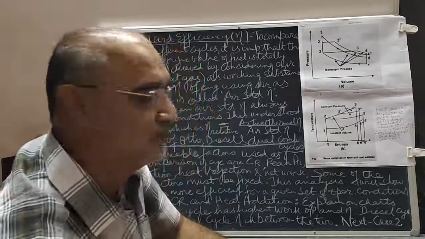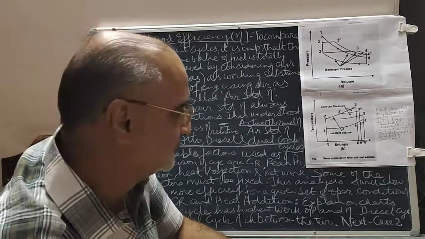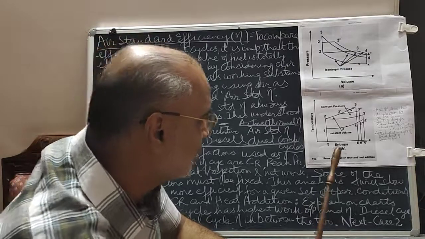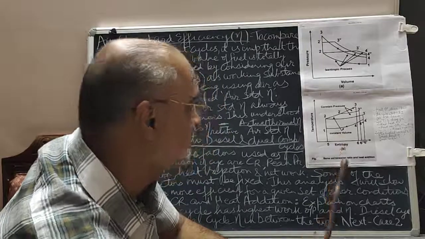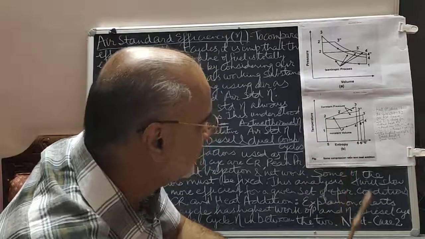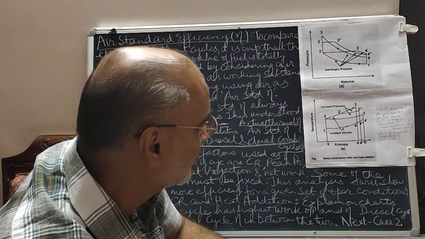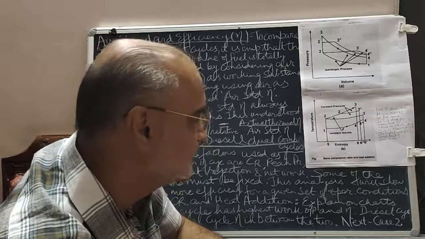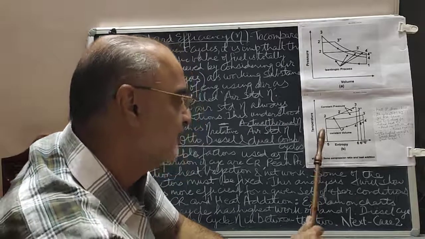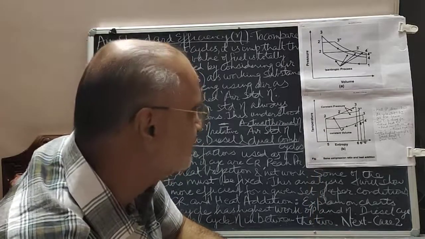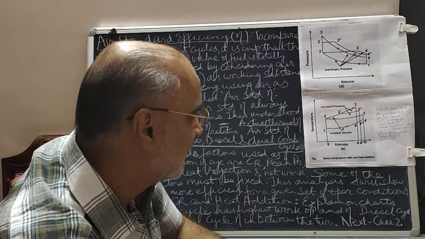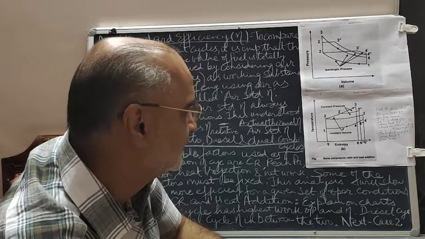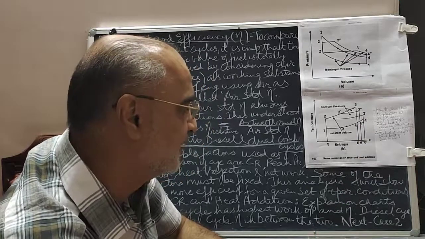So what inference do we draw from this? You see that the Otto cycle heat rejection is the minimum, and considering this, the Otto has the highest work output and efficiency. The diesel has the least efficiency, and the dual combustion cycle has an efficiency which falls in between the two.